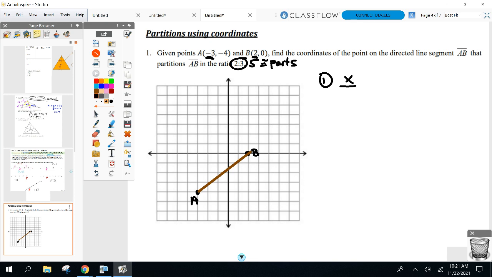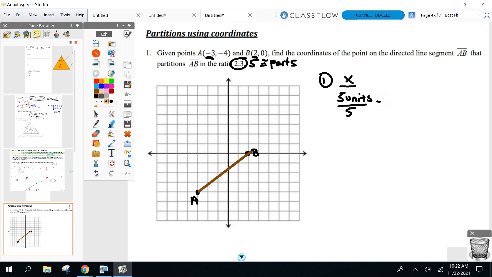So I need to break that 5 units it took into how many equal parts, did you tell me? What do we got to break this line segment up into? 5 equal parts. So I got to take those 5 units and break it up into 5 equal parts. Are we okay why it's 5 units from A to B? 1, 2, 3, 4, 5 on the X-axis.